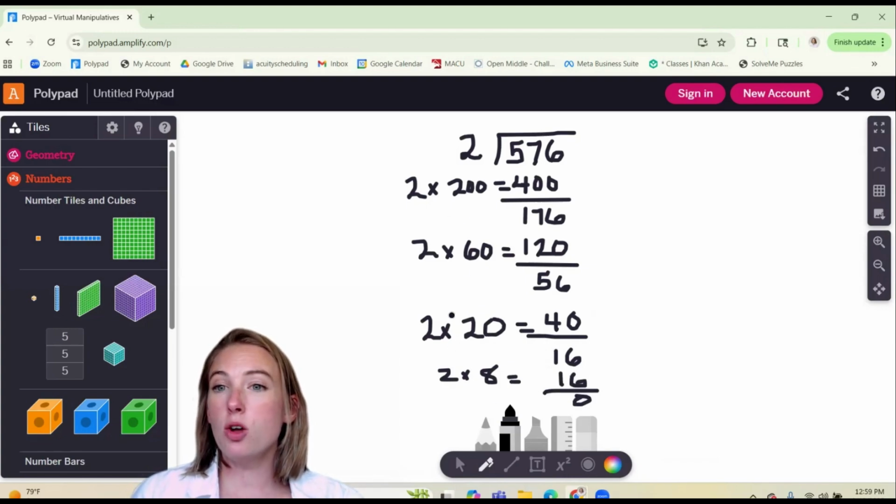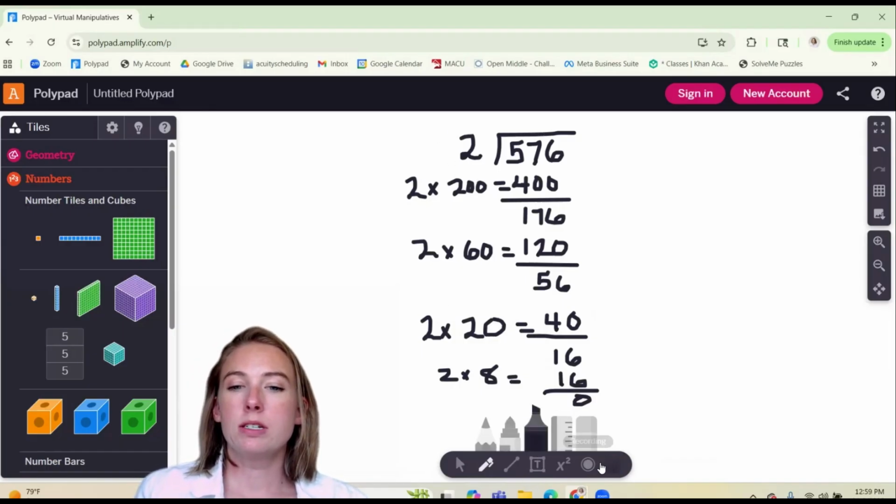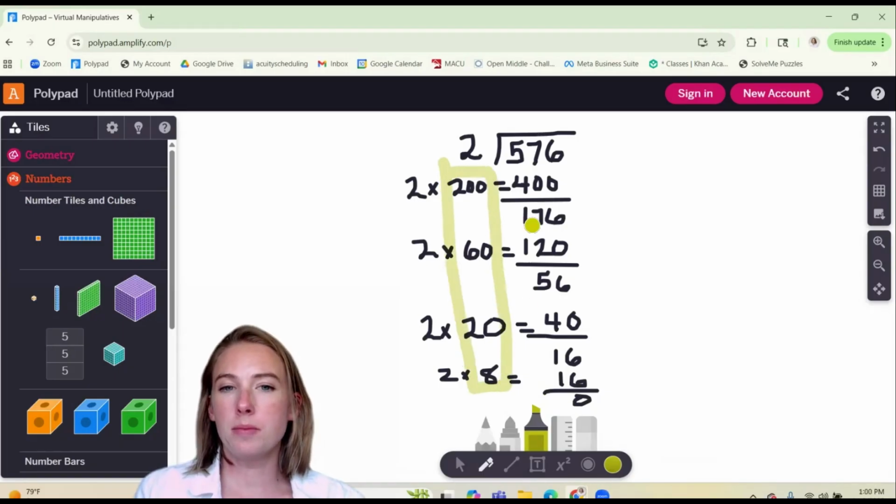Now we have to count up how many groups of 2 there were. So we are going to take everything that we multiplied by 2 and add it up to get our quotient. So that's 200, 260, 280, 288.